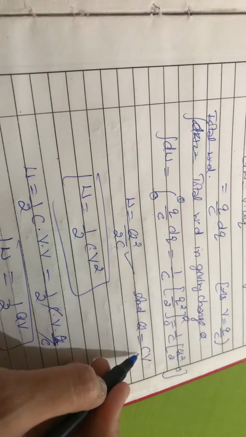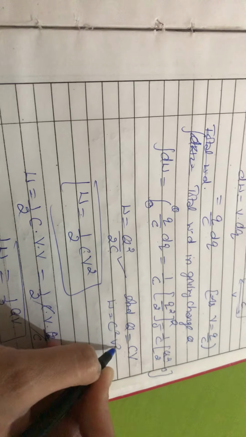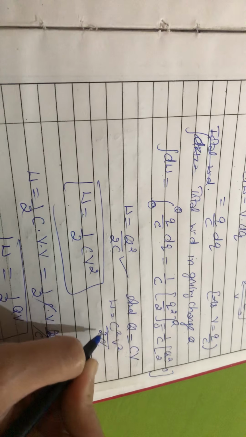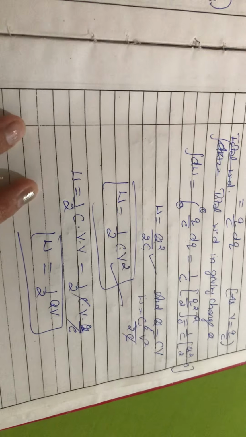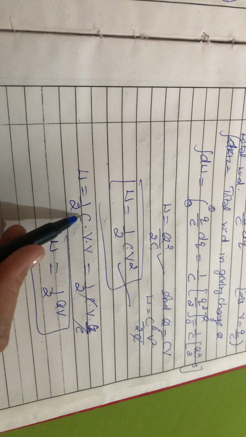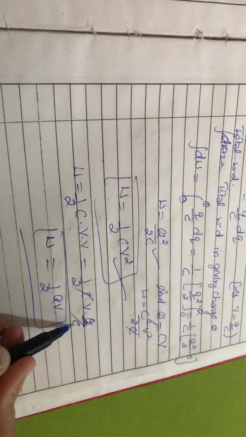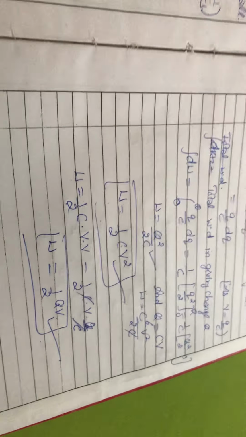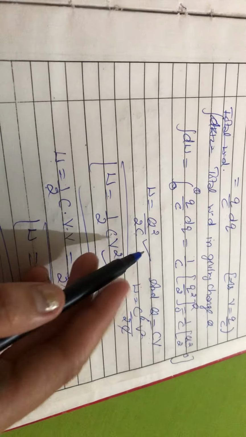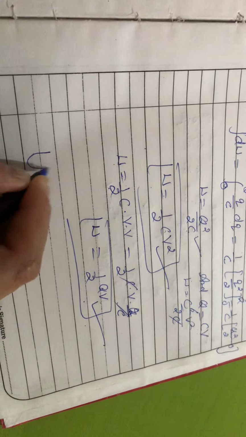As we know Q is equal to CV, so put the value here. W is equal to C square V square upon 2C. C cancels out, so we are left with 1 upon 2 CV square, which can be written as half CV squared. Also V is Q upon C, so C cancels, and we are left with 1 half QV. So three expressions can be there for work done, and this work done can be written as energy.